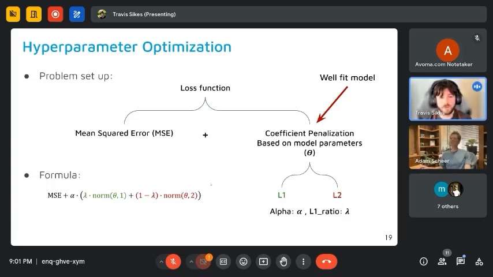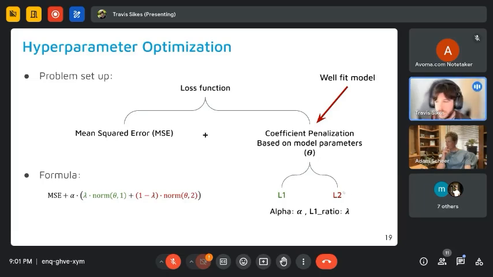For reference, if you're unfamiliar with an elastic net, ridge regression, or lasso regression, here is what this effectively does. An L1 penalization is a feature selection method, so it pushes all of your coefficients towards 0 if it can. Of course, it's balanced out by the mean squared error, so it's not going to push everything to 0 unless your alpha is very, very high.